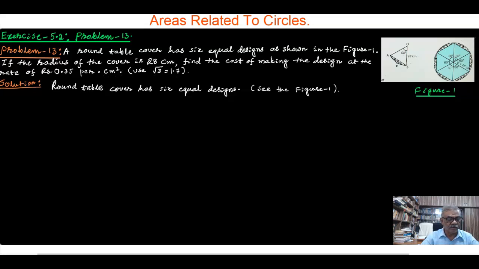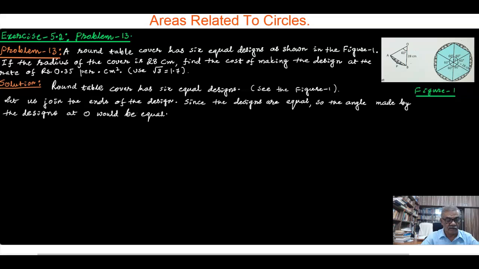Now let us join the ends of the designs. Since the designs are equal, the angle made by the designs at O would be equal. Each design will make an equal angle at the center.